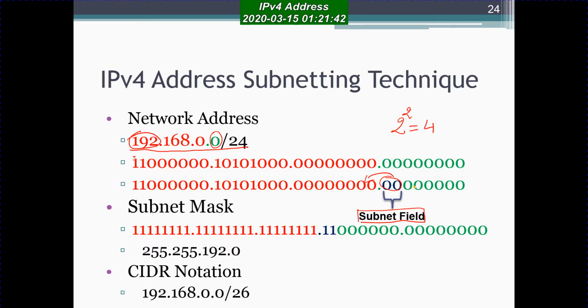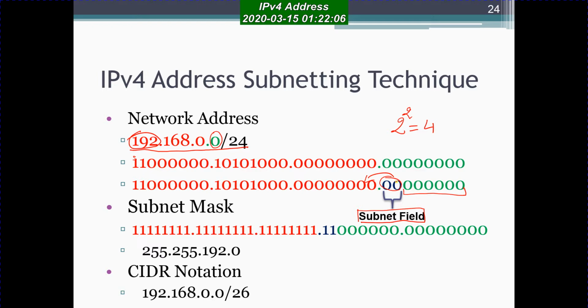What does this mean? It means that the host address field will now shrink from 8 bits to 6 bits. Initially we had 8 bits, but with subnetting we gain something and we lose something. What we gained is that we are able to extend our network address to the right, and we can have more network addresses, or what we call subnet addresses, because we now have a subnet field.